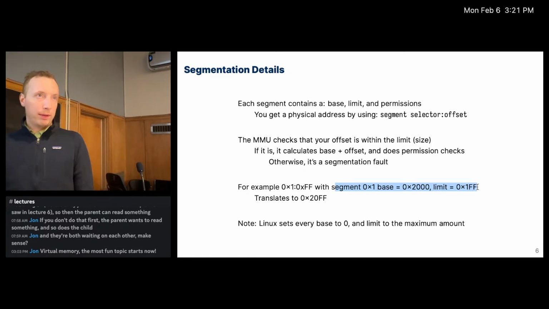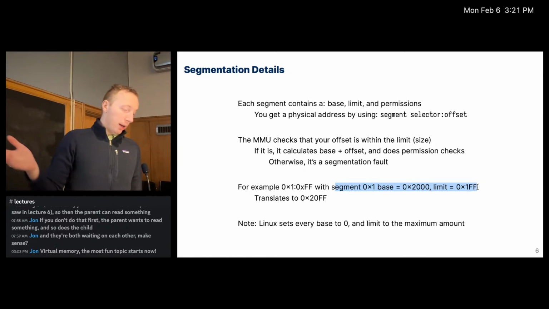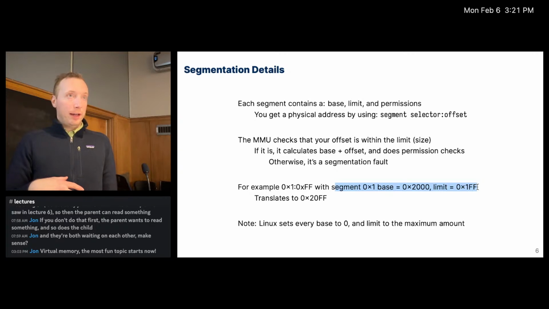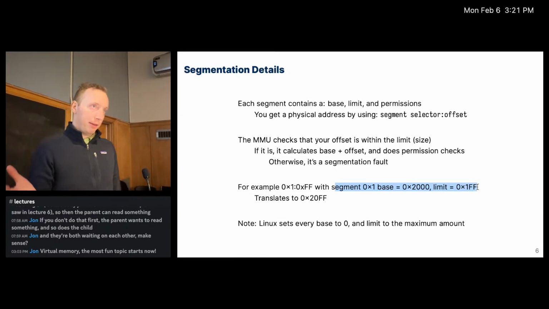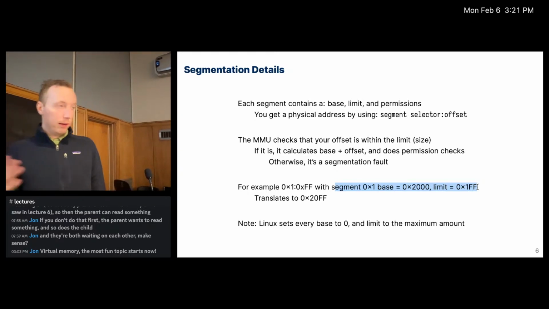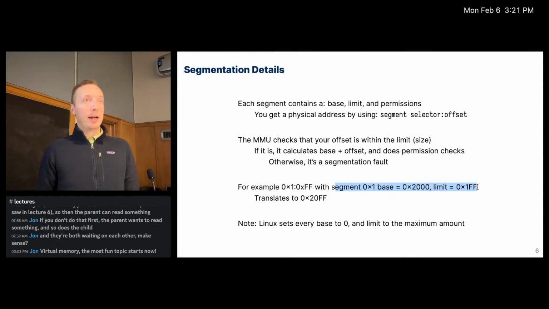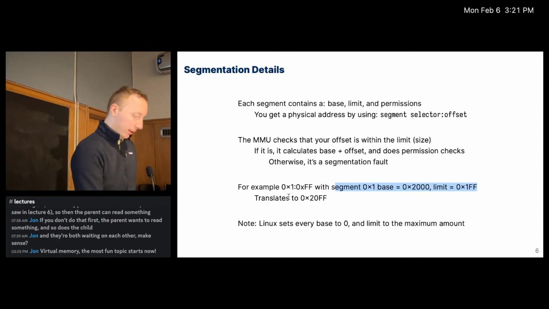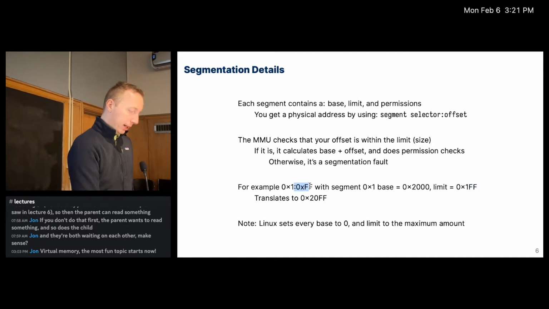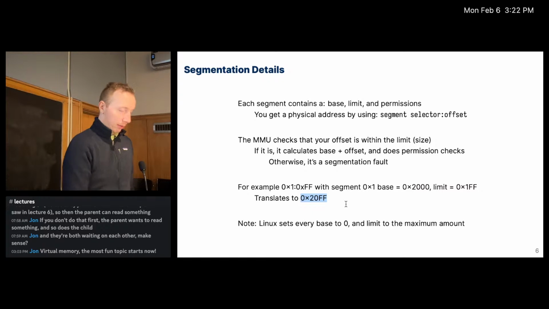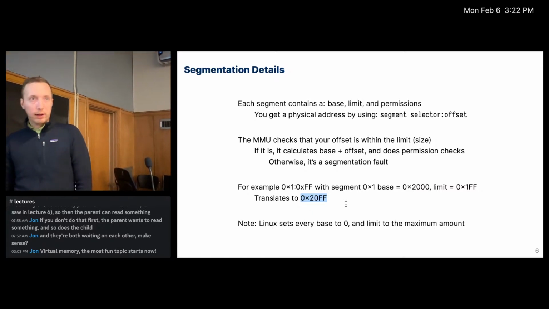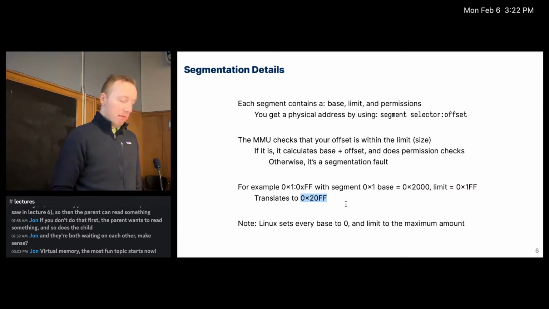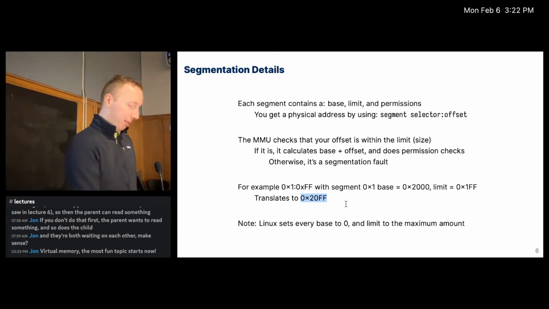So any address within that is valid. FF is less than 1FF, so that is a valid offset. And then if you want to translate that address, I just add the offset you gave me to the base. So that would translate to a physical address like 2000 FF. So nothing terribly surprising here, hopefully.